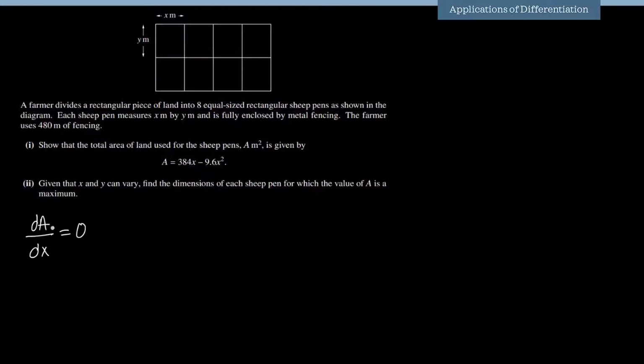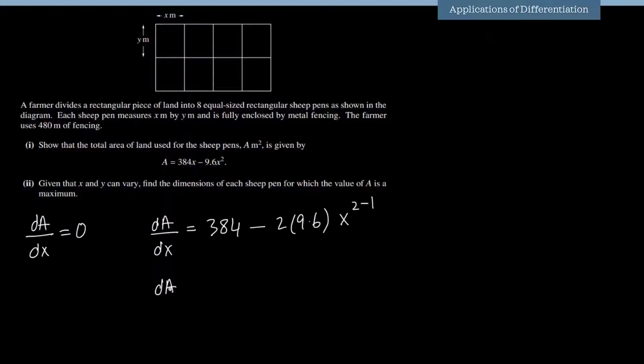To find dA upon dx, I'll differentiate this equation with respect to x. So dA upon dx is going to be equal to 384, and the differentiation of 9.6x squared is going to be 2 times 9.6 x raised to the power of 2 minus 1. 9.6 times 2 is 19.2.